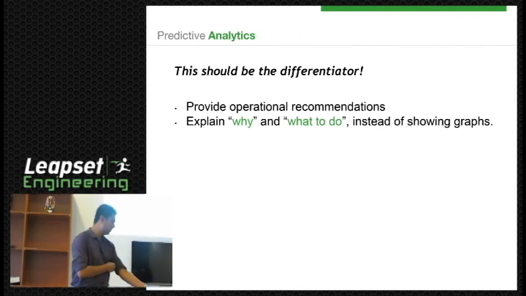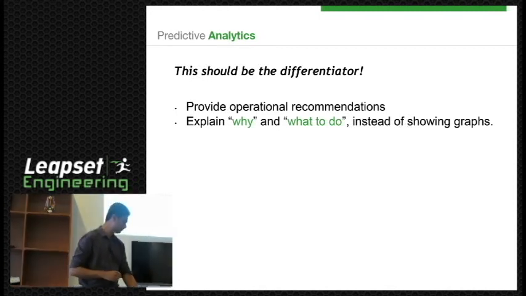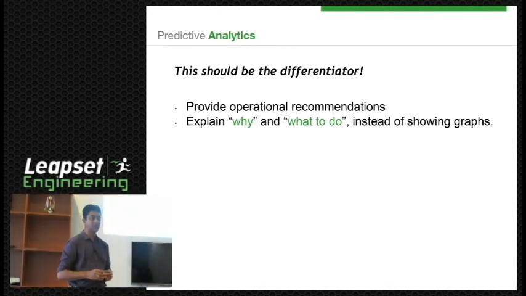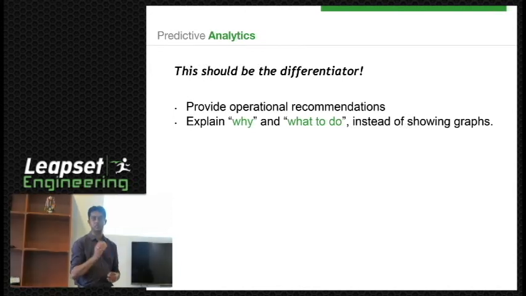So I mentioned predictive analytics. Again, you can provide operational recommendations which are actionable, basically explaining why and what to do, and not just showing graphs. You tell them why this is happening and what they should do, in simple terms.